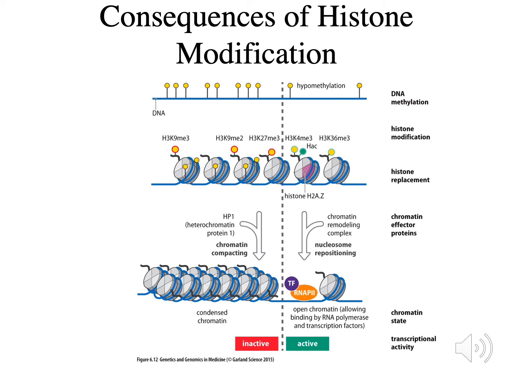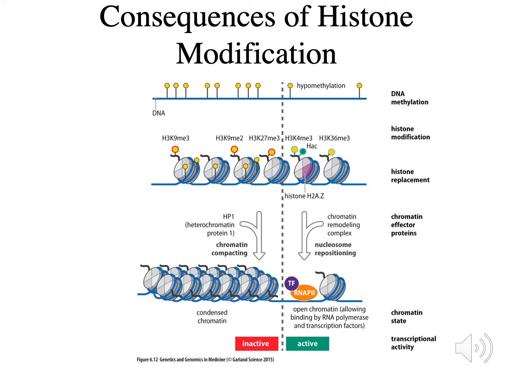And again, repositioning means that we're trying to free up the DNA from the histones, not have it be associated with nucleosomes, and it shows very clearly here why that's the case, because the DNA needs to be accessible to the RNA polymerase and the other general transcription factors so that transcription can take place. Transcription cannot take place in a scenario such as that shown on the left-hand side of this figure, where the DNA is extensively bound and wound up within the nucleosomes, and hence you have a very condensed chromatin.